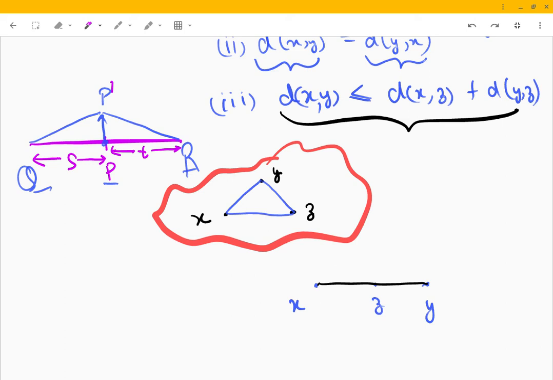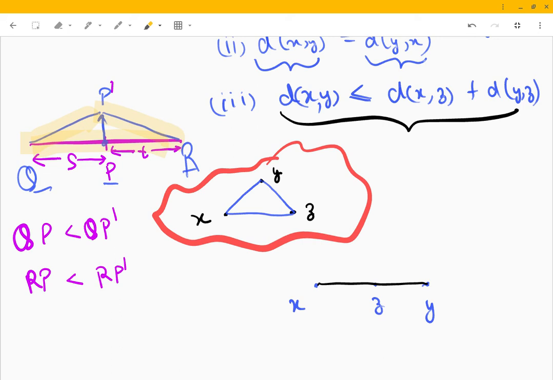Obviously QP is less than QP dash and RP is less than RP dash. So the sum of any two sides will be greater than the third side. It holds true for any of the sides. This is the triangle inequality.